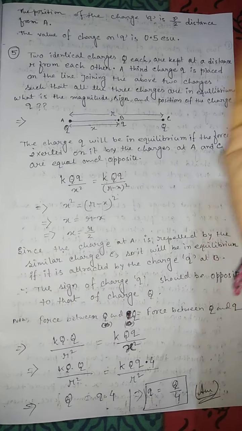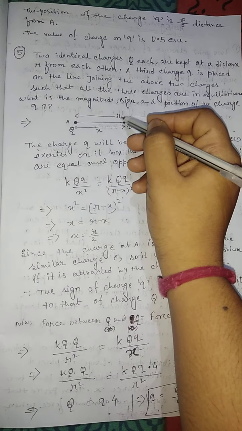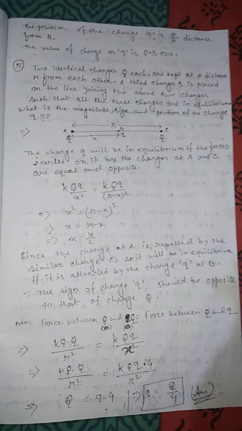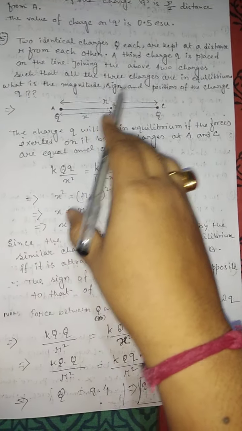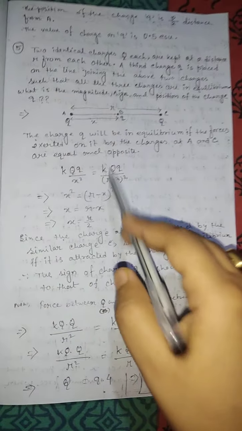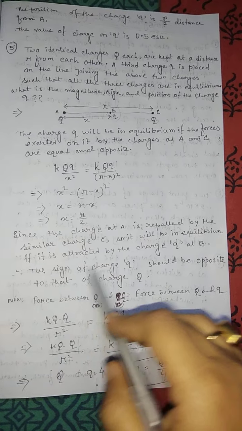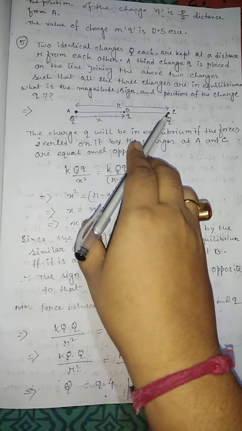So equilibrium means the force on the third charge due to the first and second are always equal. So we find out the magnitude, sign and position of the charge. So here x equals r by 2. And the sign of the charge is opposite, because we don't know what the nature is, just that these two charges are identical.